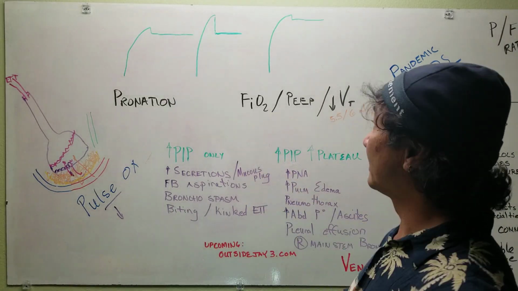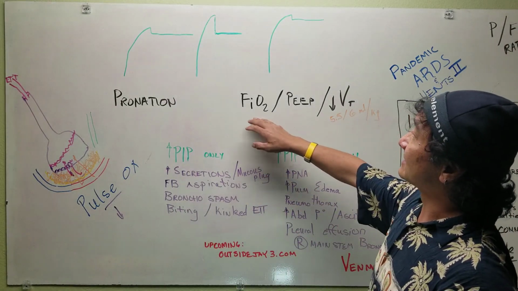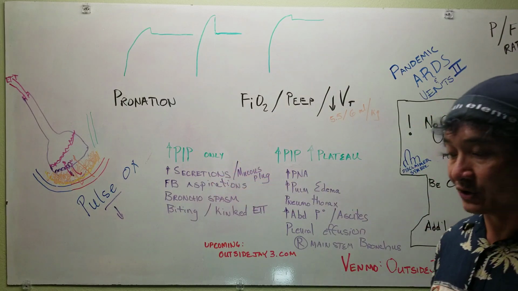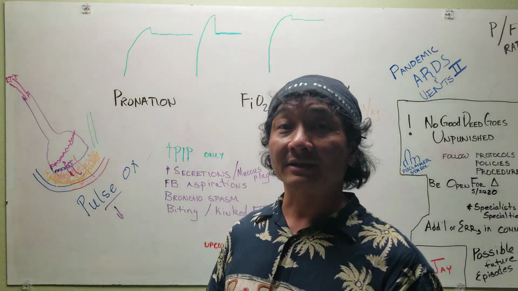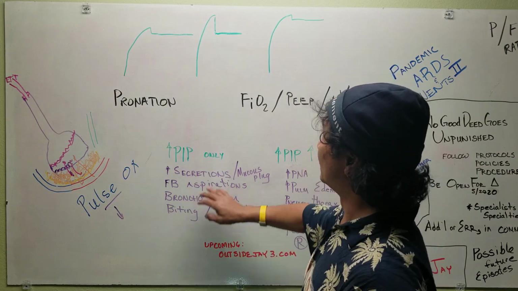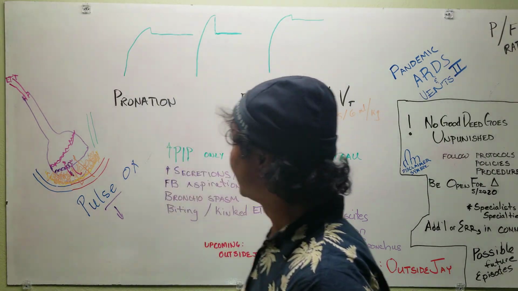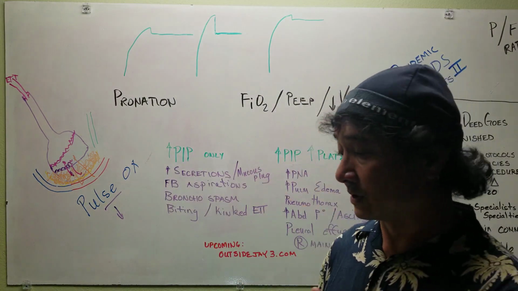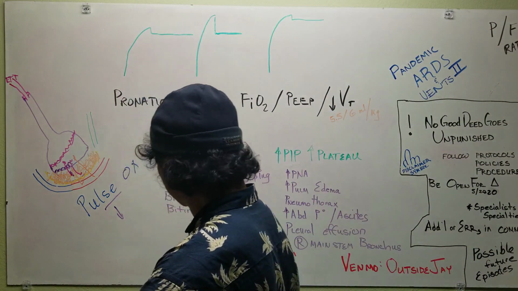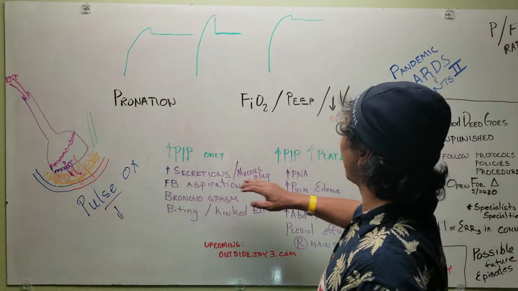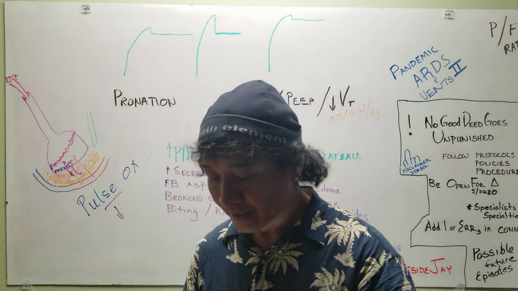So low tidal volumes, and then you want to balance out the PEEP and the FiO2 by using your PF ratio. But you want to oxygenate as much as possible using FiO2 and PEEP, and not increasing your tidal volumes. Low tidal volumes. Can't stress that enough. Okay, so now I'm going to move on to PIPs and plateau pressures.